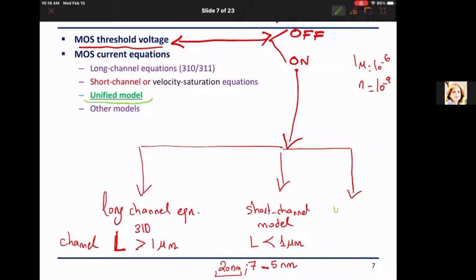So we will present to you a unified model, and this unified current model stems from the long channel model, which we call LCM, plus some effects of the short channel, which we call the velocity saturation.